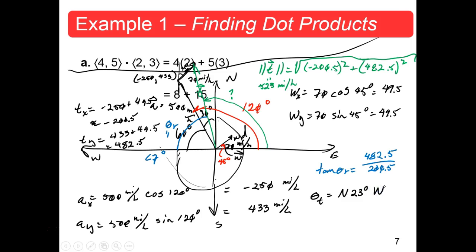That's the actual true direction of the airplane. Okay? Of course, that's not how they say it. They use the angle over here, the green angle there, and how would you get that from 67 degrees?